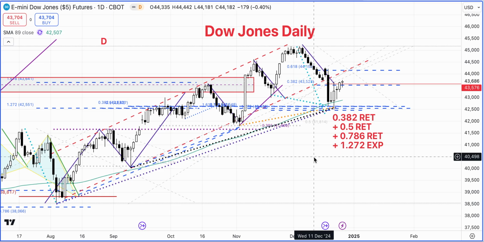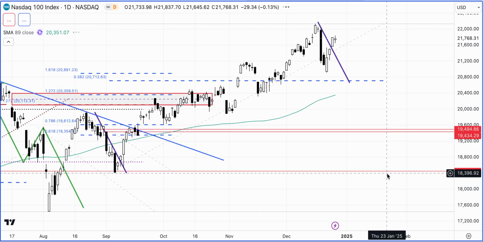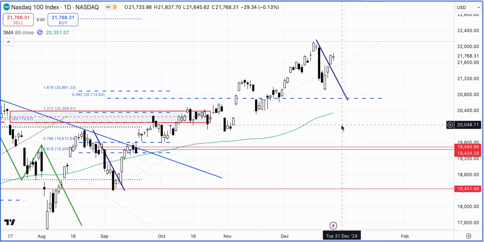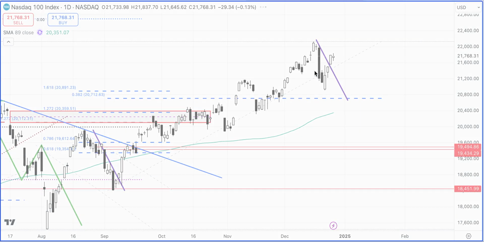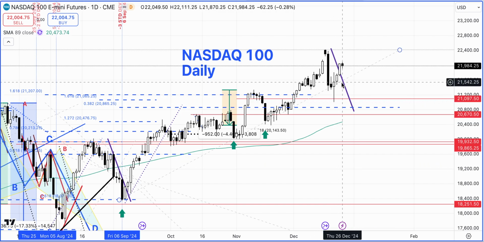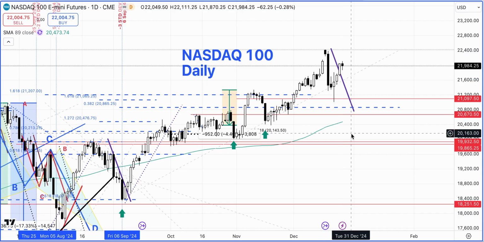And then if we take a look at the NDX, I'm going to take a look at the cash index first. Here we go. It's pretty strong. It didn't even make the 38.2% retracement. And on the futures market, the futures for some reason closed lower for today, but again we have seen a nice bounce.